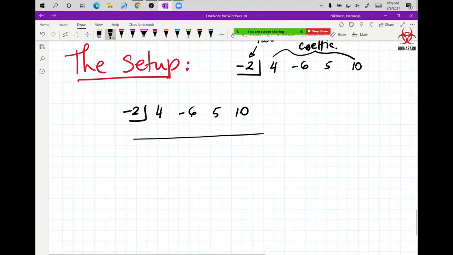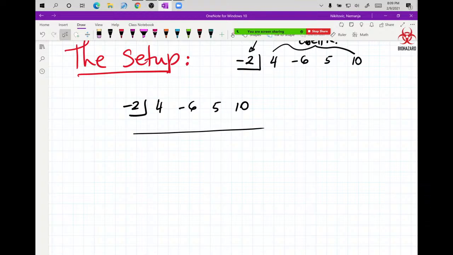So here is the procedure. You drop the first number down as is. You just drop it. By the way, this is your answer line already, so it tells you that this is really short, right? You drop your answer down. Then you multiply that answer with a root and just add.